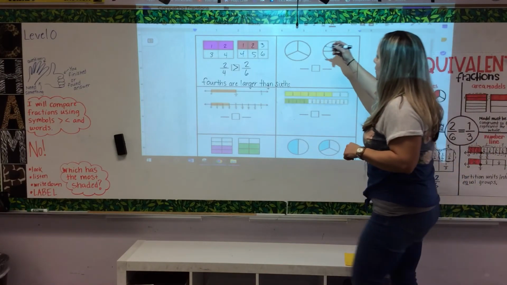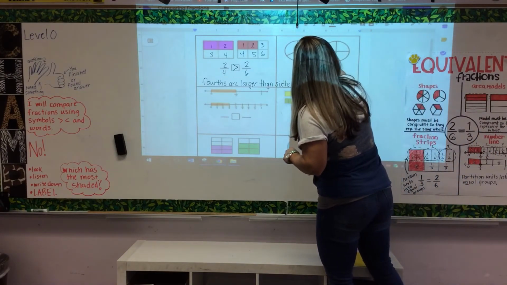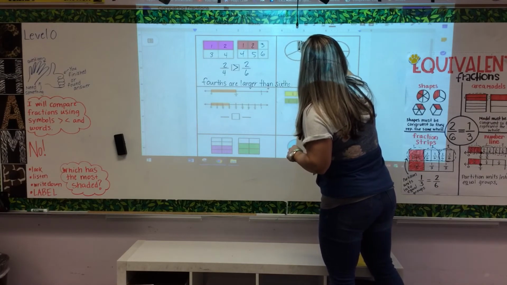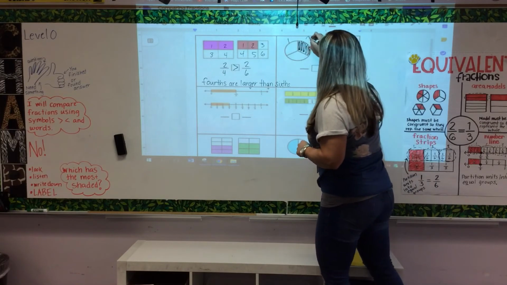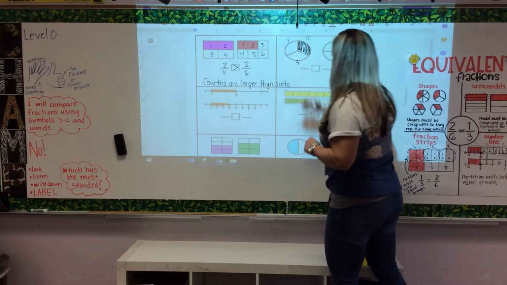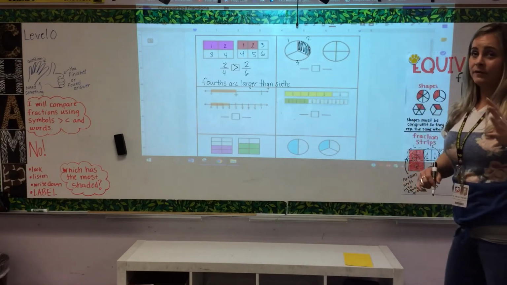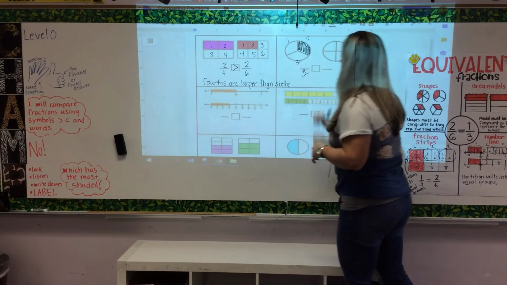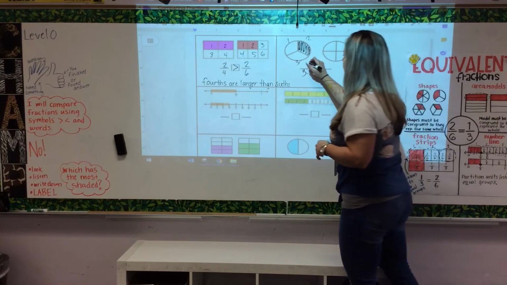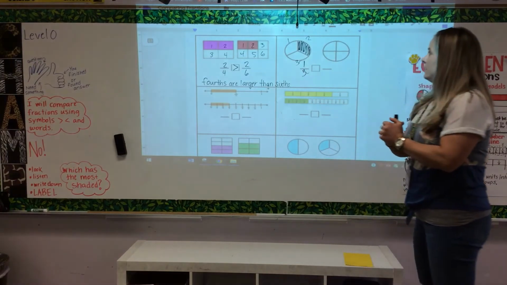Here we go. Okay, so this one I want to compare, so color that in, and then get that labeled. So that one has 3 parts, right? So I'm going to double check that my denominator is correct, and 1 is shaded.